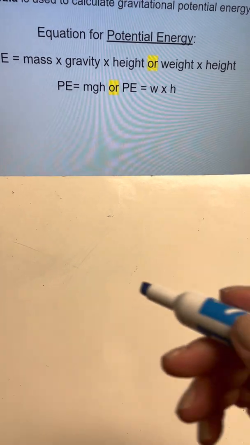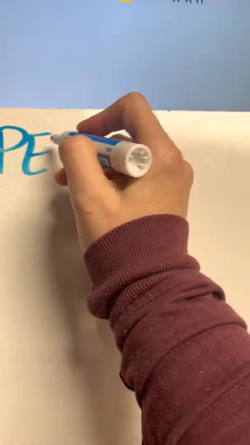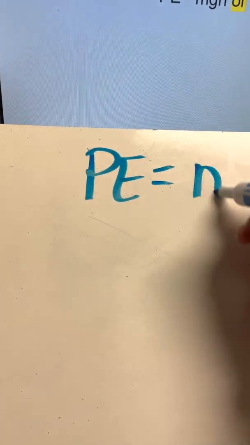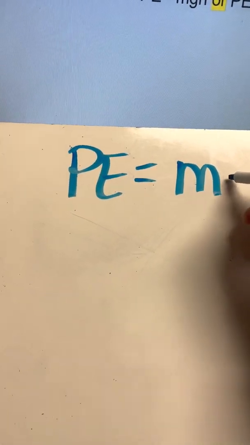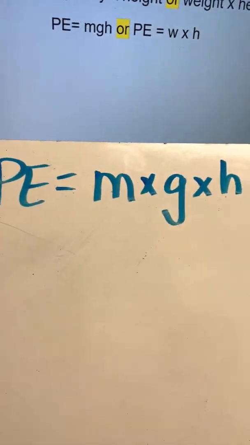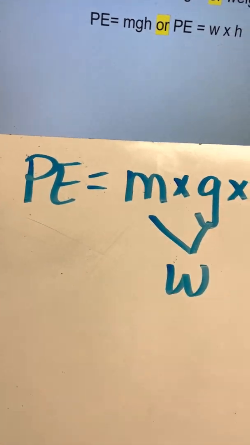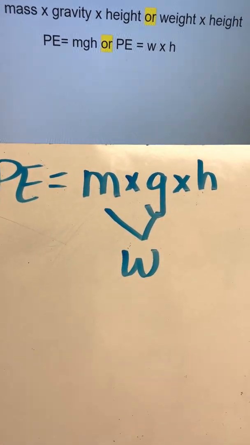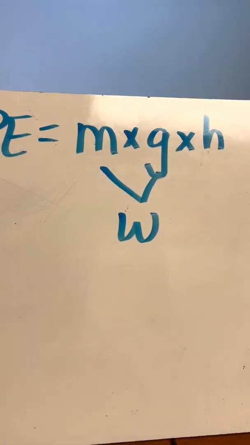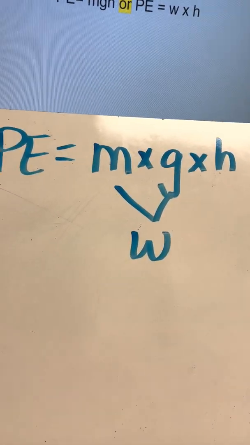Well, potential energy equals mass times gravity times the height. Now, mass times gravity is the same thing as weight. We talked about the difference between mass and weight. Weight involves the gravitational pull on an object.